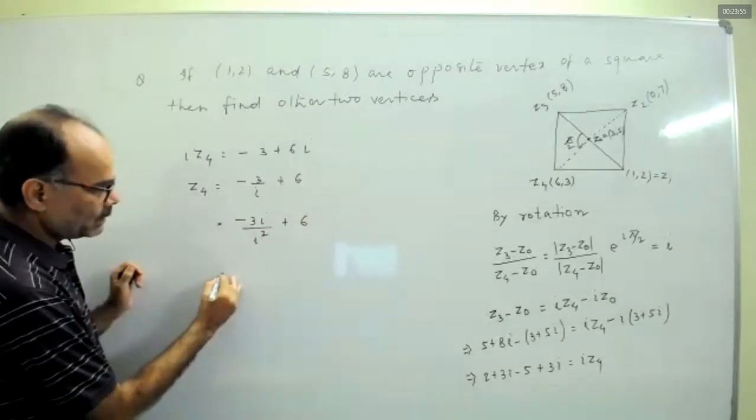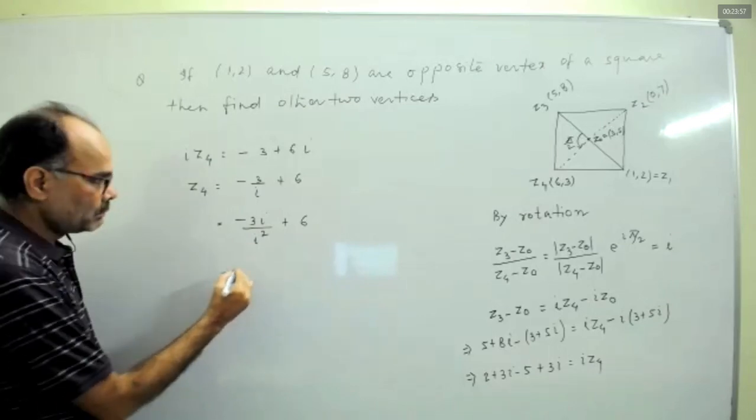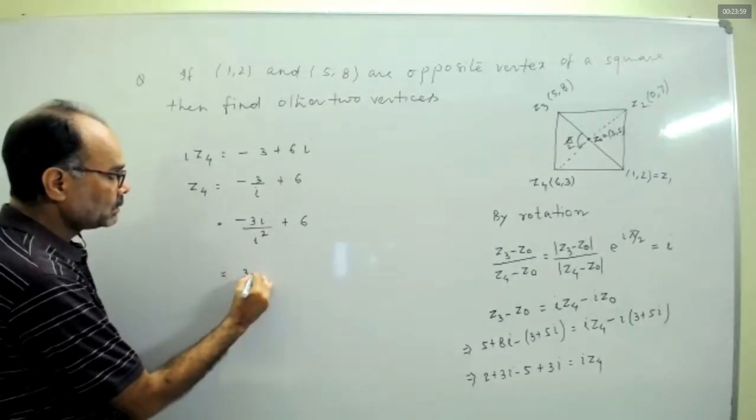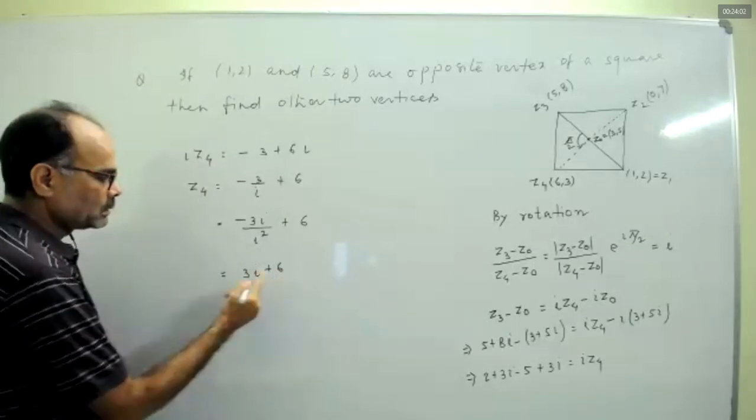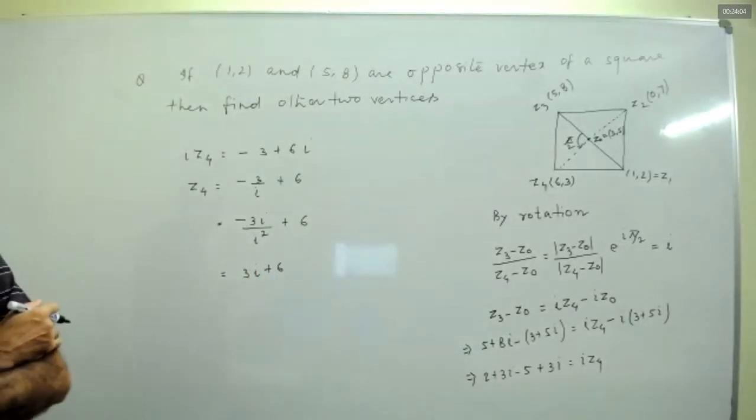What is i squared? Minus 1. So we get 6 plus 3i.